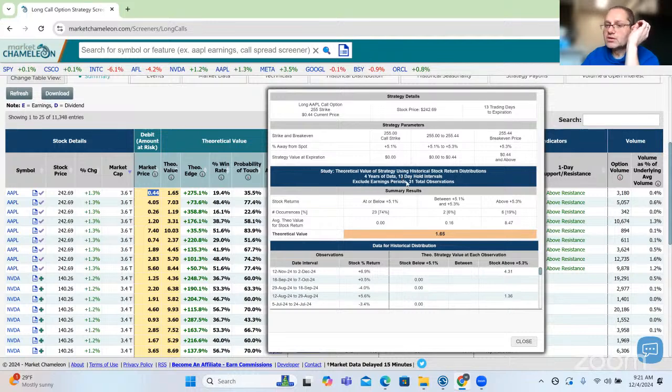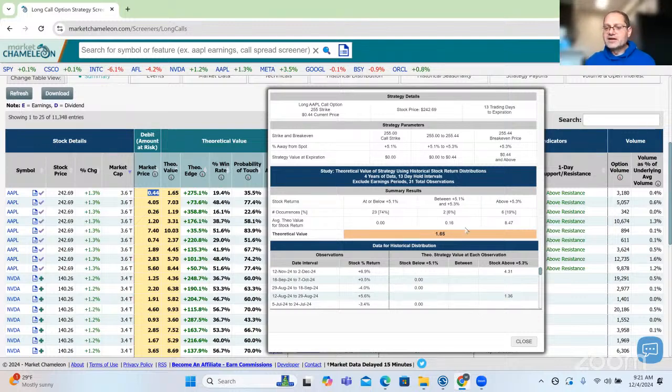We took out any earnings periods because between now and expiration, Apple's not expected to report earnings. So we're going to take those out historically because that's an event where the stock is more volatile. We know that. Let's exclude that so we can line up the data a little more in line with the situation or circumstances we're analyzing.